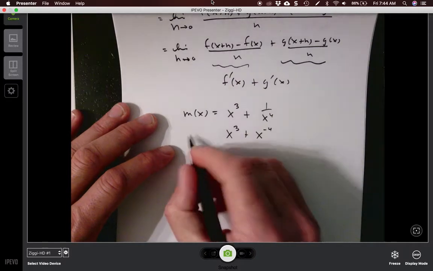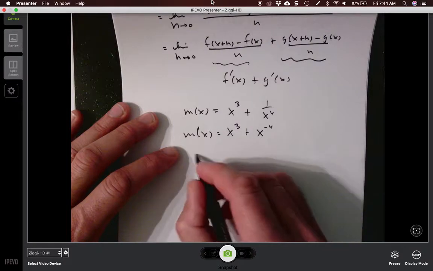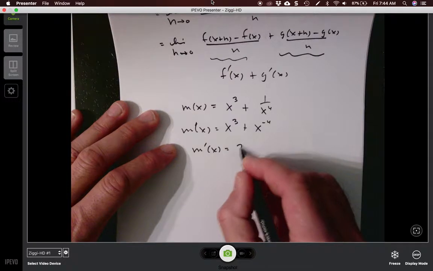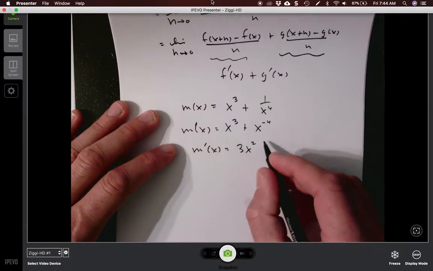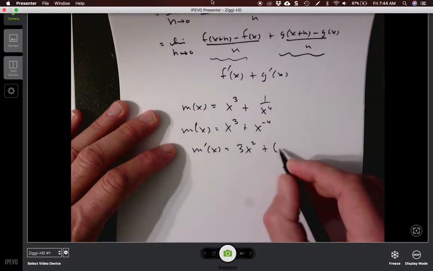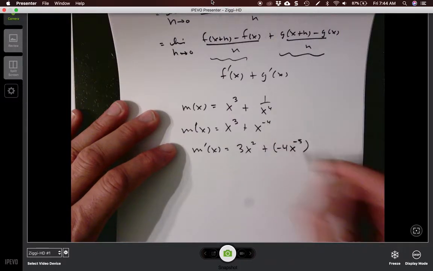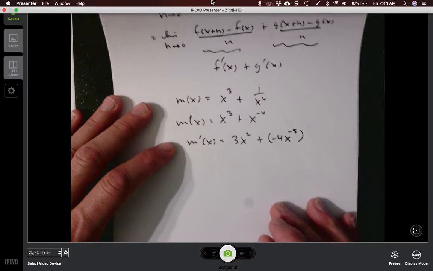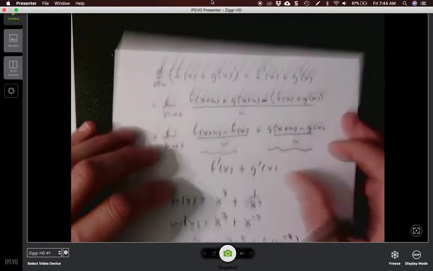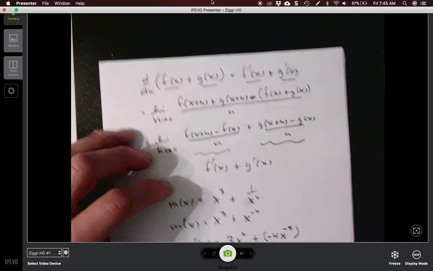Our derivative rule says all I have to do is take the derivative of each piece, so m prime of x would be equal to 3x squared, which is the derivative of that, and then the derivative of the other one, which would be negative 4, x to the negative 4 minus 1, which is negative 5. Our answer is just 3x squared plus negative 4x to the negative 5th power. Again, I think this is fairly intuitive: you take the derivative here to get this, and you take the derivative of this to get this.